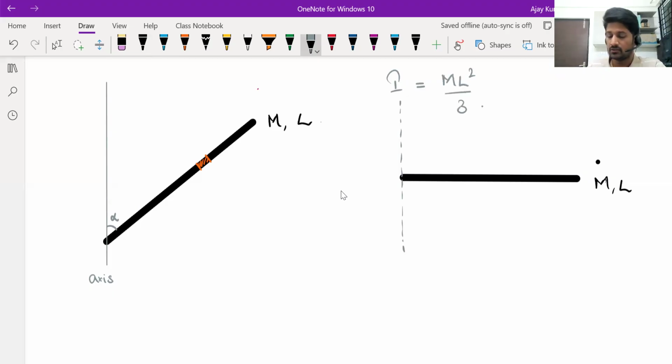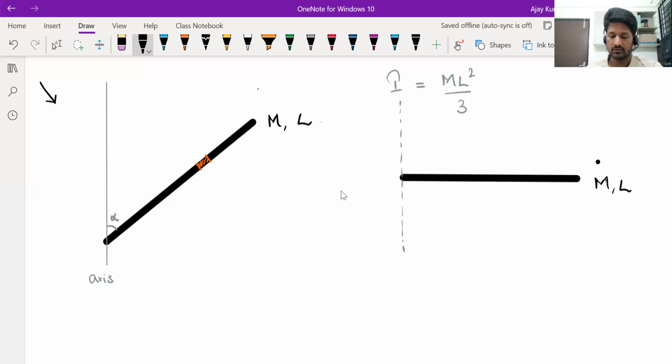Correct. So if the axis is perpendicular to the rod, we already know the answer, or we have a formula for it. In the given problem, this one, the axis was not perpendicular to the rod.